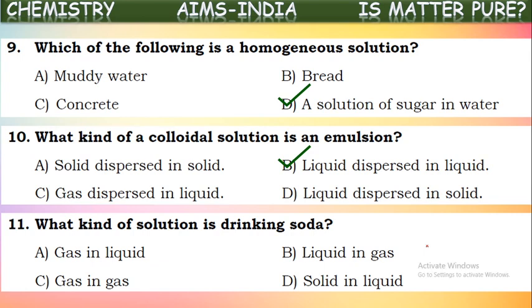What kind of solution is drinking soda or soft drink? How do they prepare this drinking soda? They take some water into a container first, and then by applying high pressure, they mix some carbon dioxide gas into this water. We know as pressure increases, solubility of gases in liquids increases.